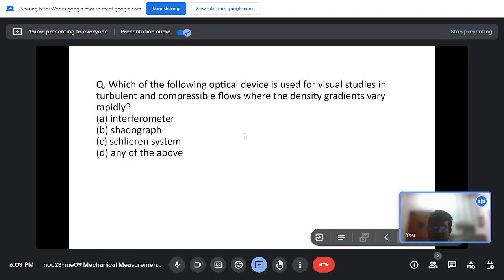A. Interferometer, B. Shadowgraph, C. Schlieren system, and D. Any of the above.